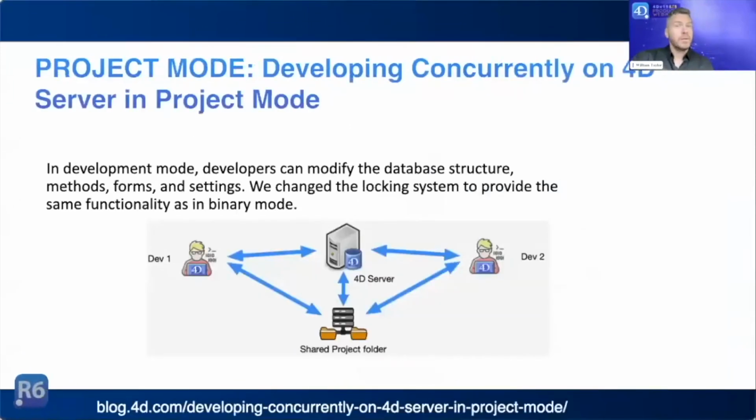And if you're one of the developers who asked for the possibility to work simultaneously with teammates on a single development server, then 4D v19 R6 will grant you your wish, thanks to a new mode for connecting a 4D client to a 4D server: development mode. Now, in development mode, developers can modify the database structure, methods, forms, and settings.